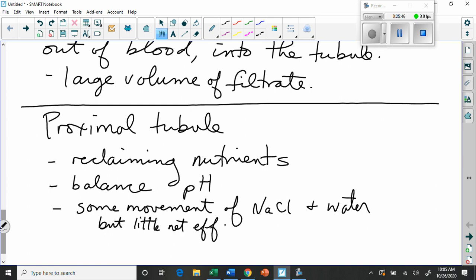Little net effect on osmolarity. So it doesn't change the concentration enough to cause something to happen yet. But when we get to the loop of Henle, that's where the osmolarity becomes the key feature.